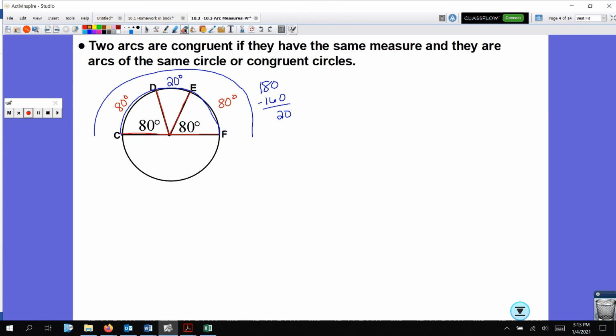Probably should change the color because I don't want you to be confused with the semicircle. So this is 20 degrees up here. Okay. So if we were to name those two congruent arcs, we would simply say arc DC is congruent to arc EF.